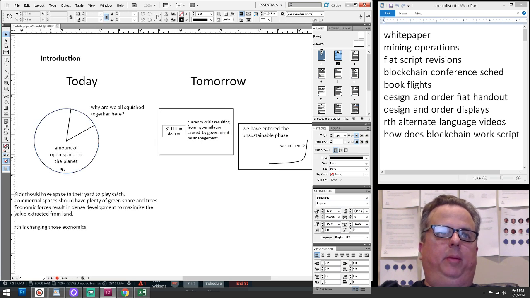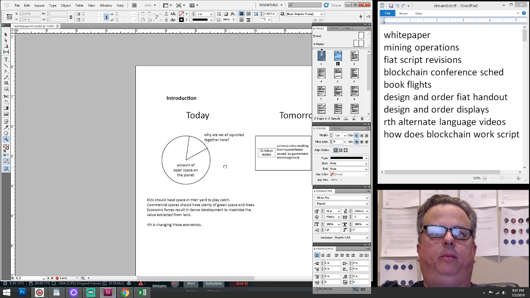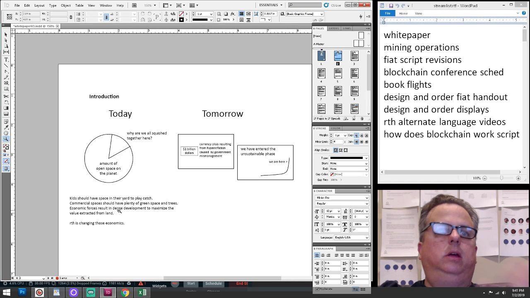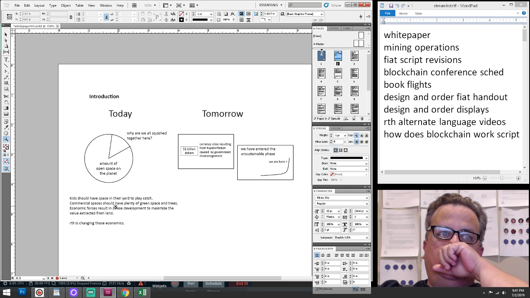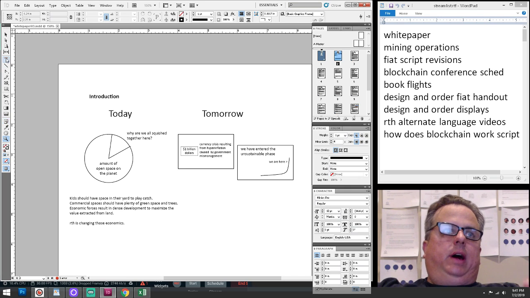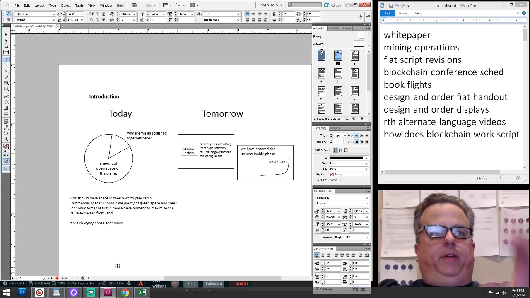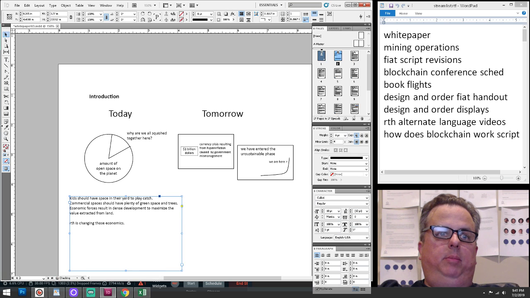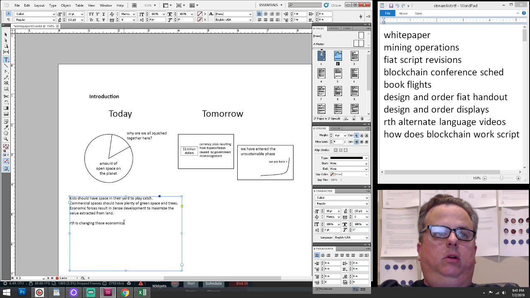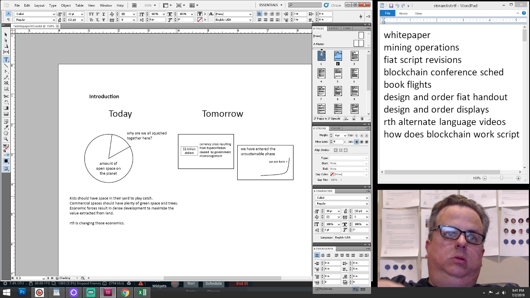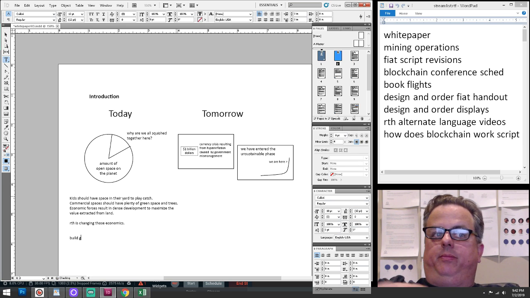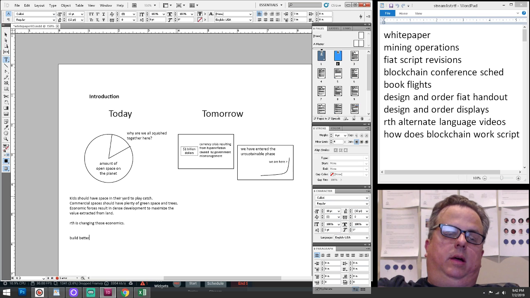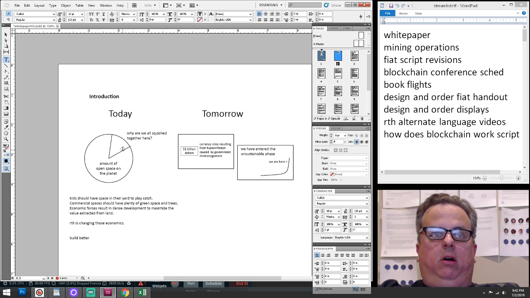But this is not developing the way that I wanted it to over here, because what I'm trying to convey here is a few thoughts. And this is all developed from wanting to just say, and I did originally just say, building good, right? So we want to build better. And that evolved into saying all this.